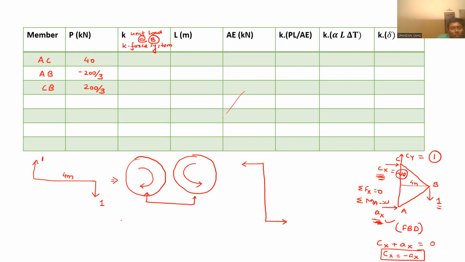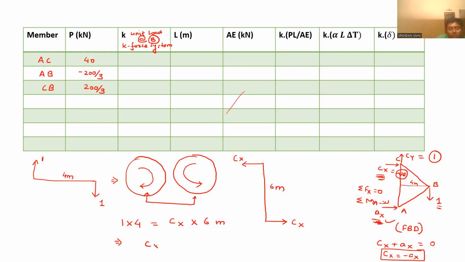So here 1 into 4 meter, this is the clockwise moment. This should be neutralized by Cx. Both are magnitude wise now the same. So Cx into what is the lever arm here? This is 3 plus 3, 6 meter.